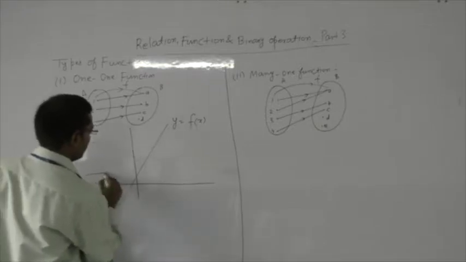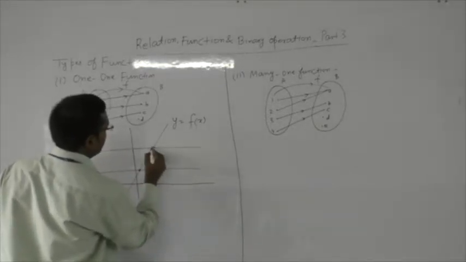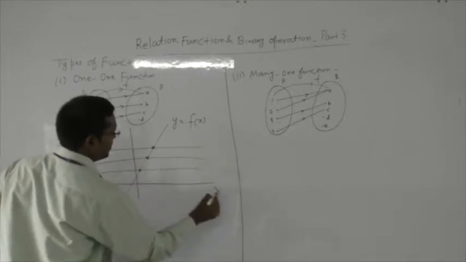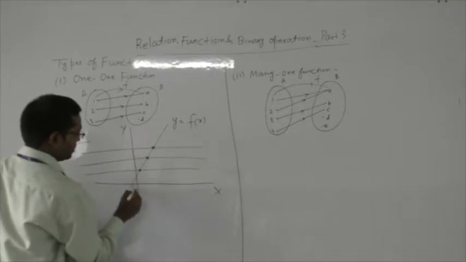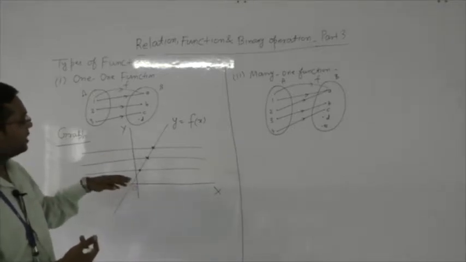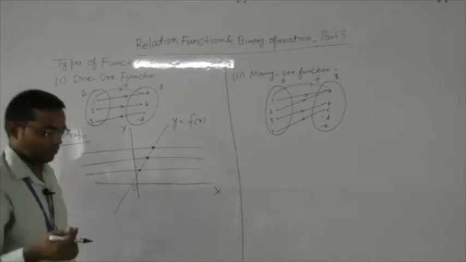Suppose this is a horizontal line, it is cutting here. Suppose this is another horizontal, it is cutting here. And another, cutting here. However many horizontal lines you take, each will cut at only one point. So it will be a one-one function.